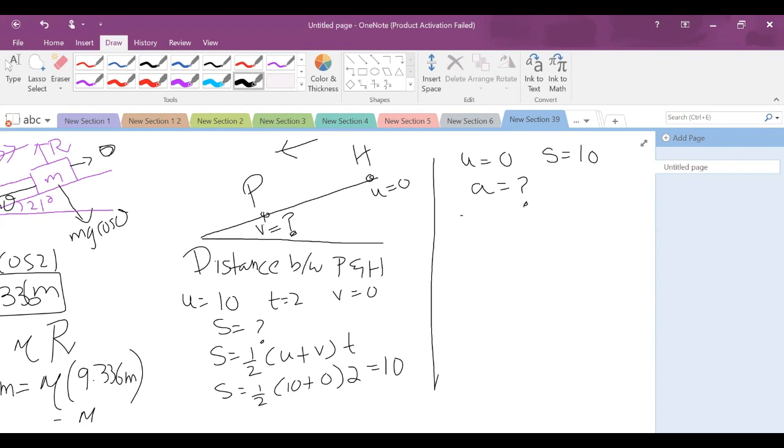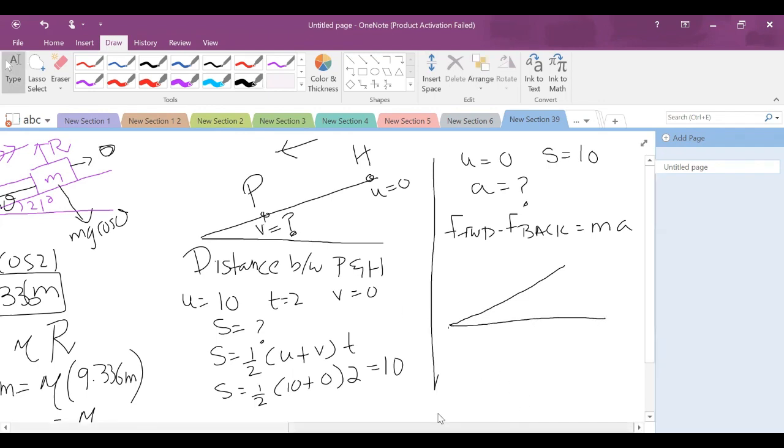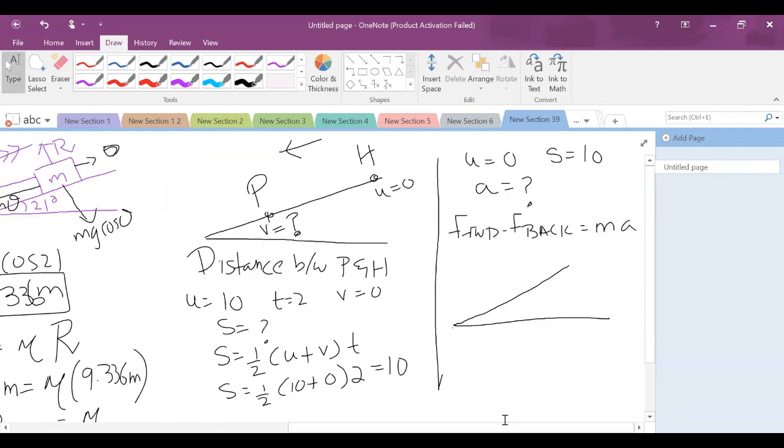A कैसे आएगा? फॉरवर्ड फोर्स माइनस बैकवर्ड फोर्स इक्वल्स MA. अब गोइंग डाउनवर्ड्स फॉरवर्ड फोर्स क्या होगी, बैकवर्ड फोर्स क्या होगी, ये चेक करना पड़ेगा. ओके, सो इंक्लिनेशन थी ऑफ 21 डिग्रीज. ये पार्टिकल है. नाउ इट्स गोइंग डाउन द स्लोप.